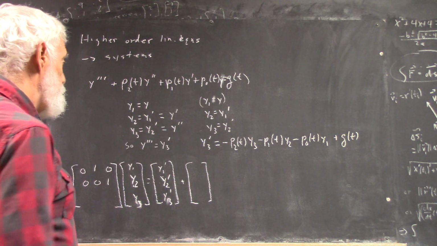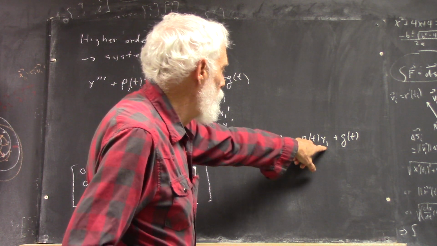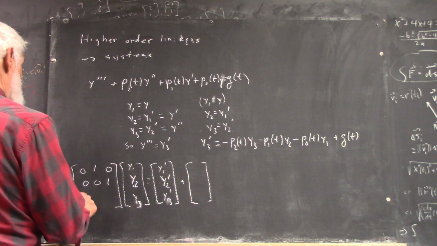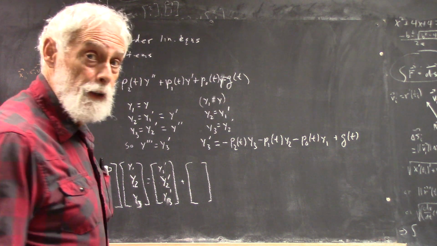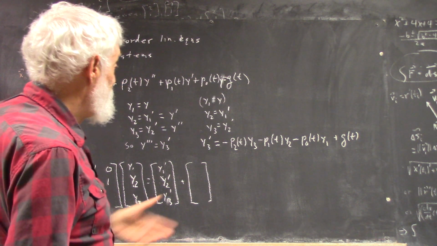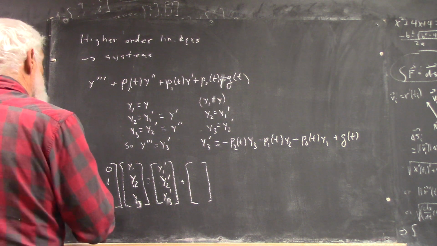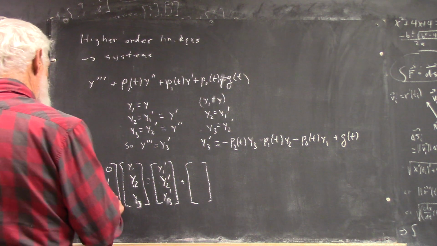The third row, okay, y1 is multiplied by negative p naught of t. So we have negative p naught. I don't have room to write the t, but we understand the t. Okay? Negative p naught, negative p1, we're not doing a subtraction, and negative p2.